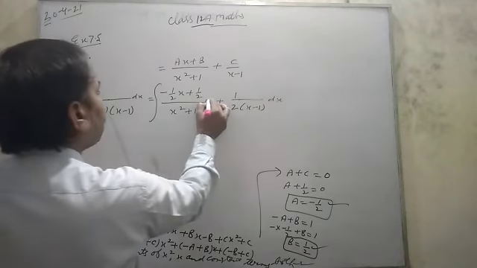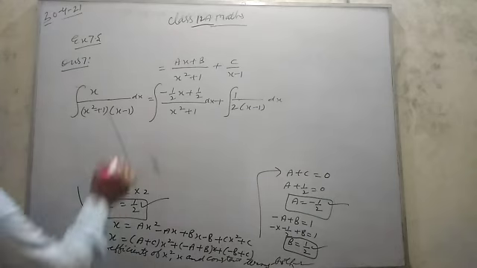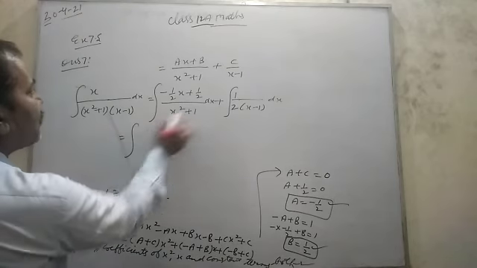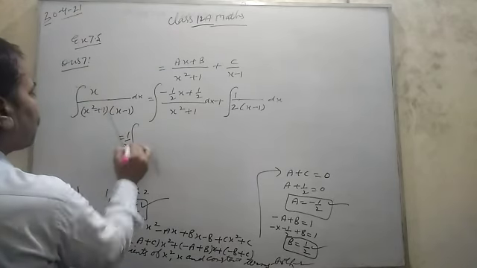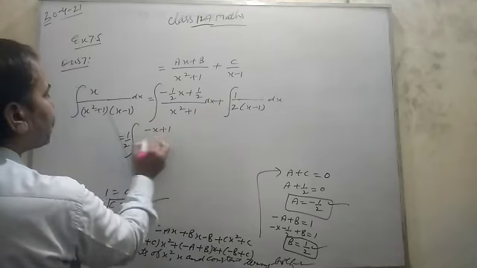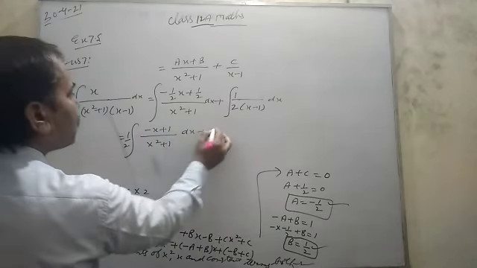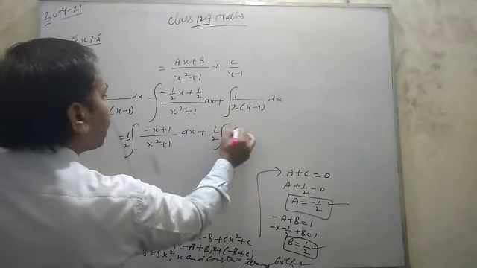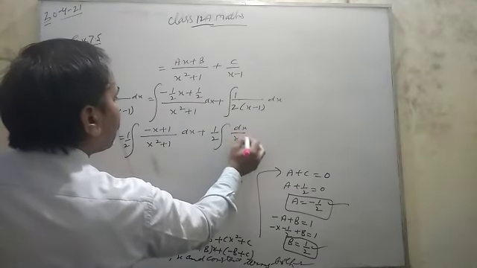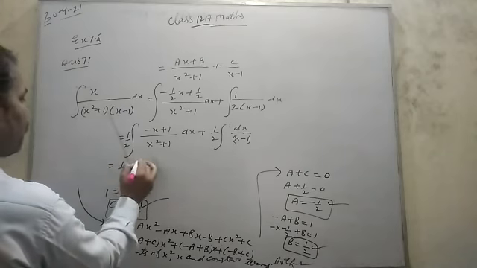So separately. Clear? So here 1 by 2 also you can take out. So minus x plus 1 upon x square plus 1 dx. Here also 1 by 2 you can take out.